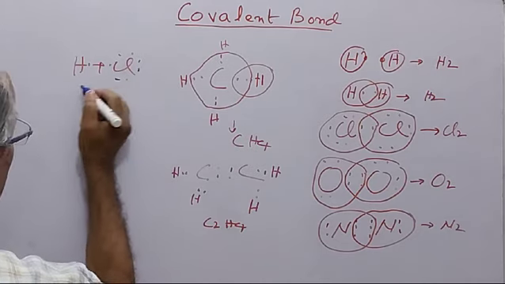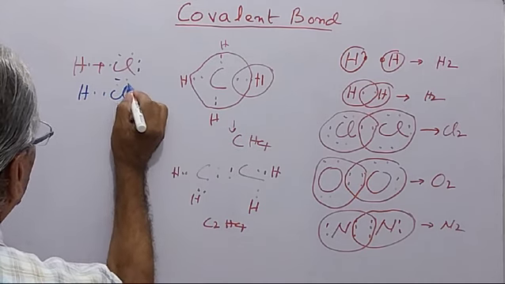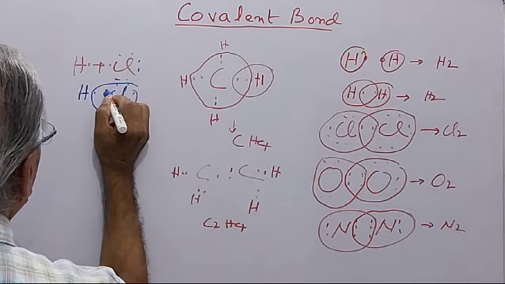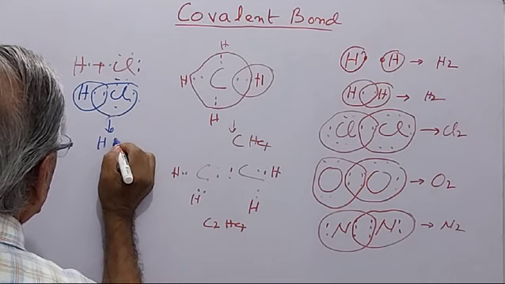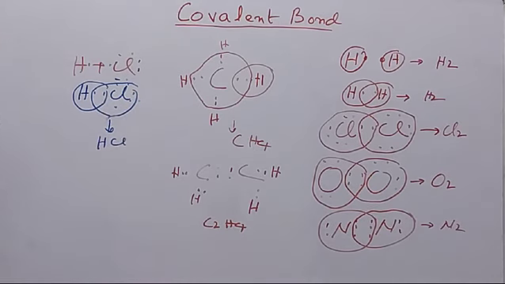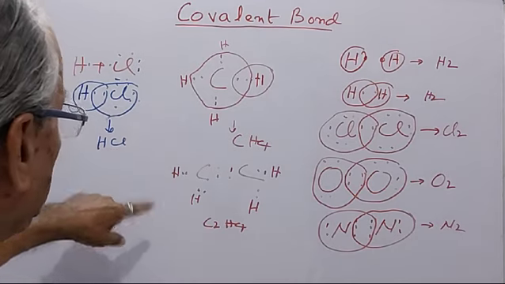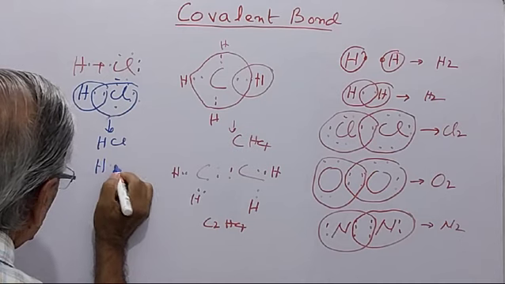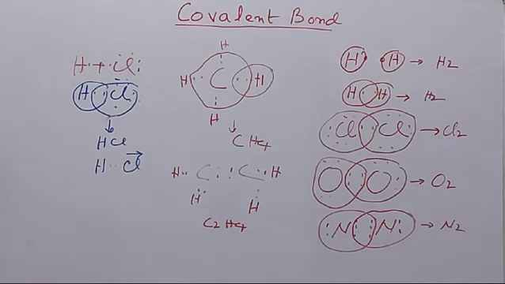Then one hydrogen and one chlorine share together to have 8 electrons and 2 electrons, and it forms HCl. Now in this case, chlorine is more electronegative as compared to hydrogen. Then the shared pair is shifted toward the chlorine because it is more electronegative in nature.